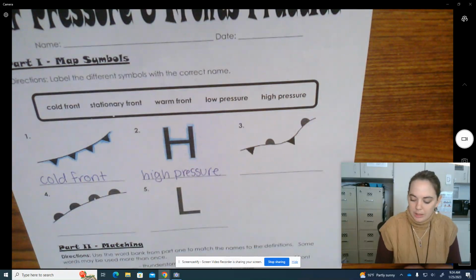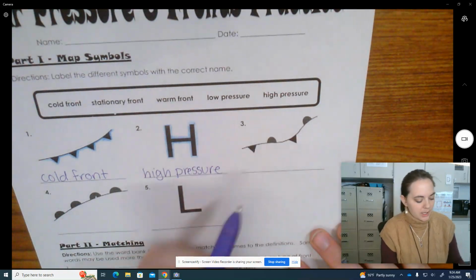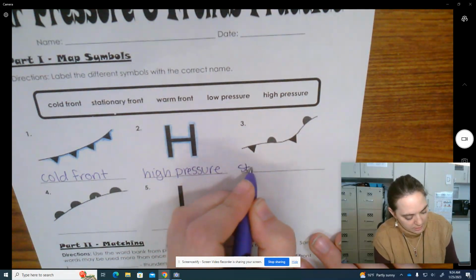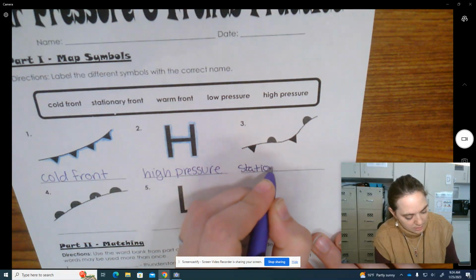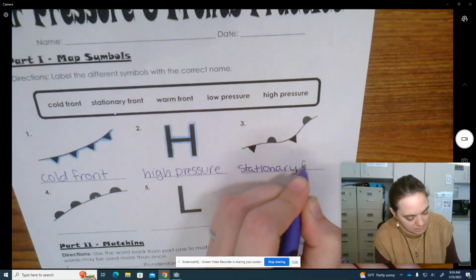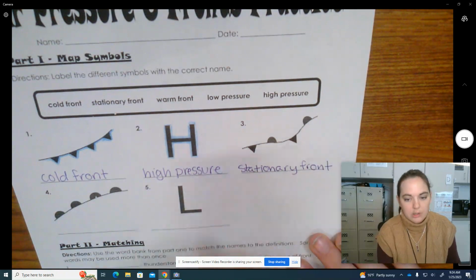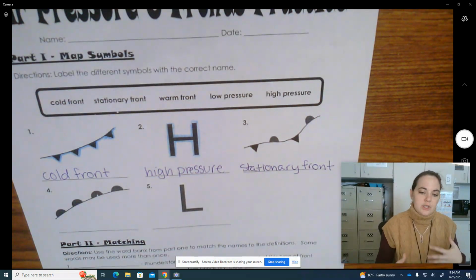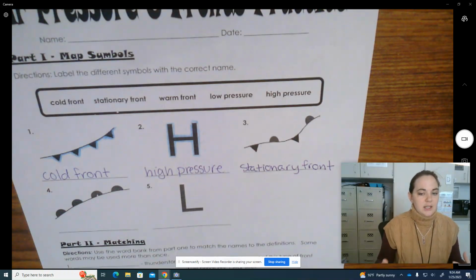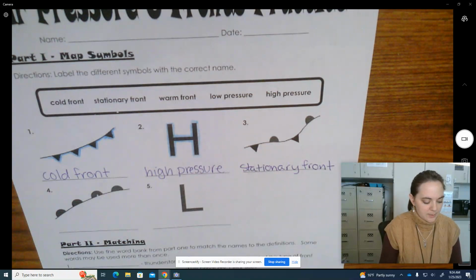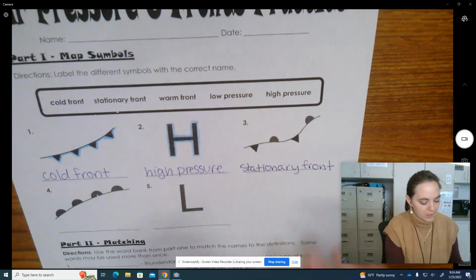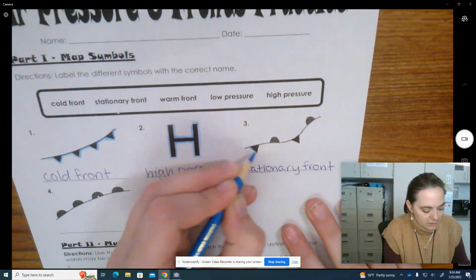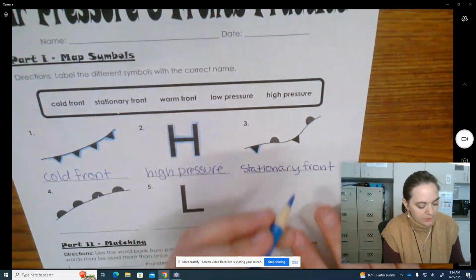Okay. Number 3, this is called a stationary front. What this means is when there's some cold air and some warm air mixed, and at this front, it doesn't move. It just kind of stays in one spot. So that means that our cold tick marks are going to be blue.